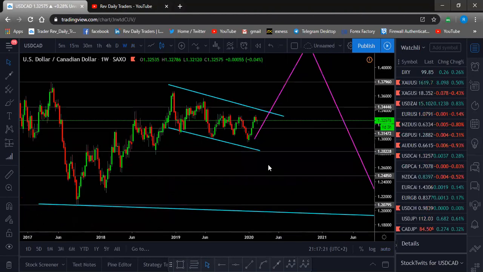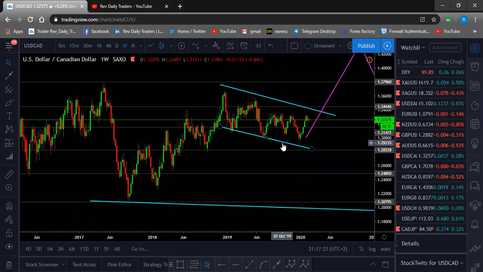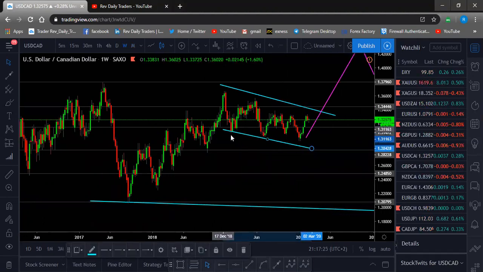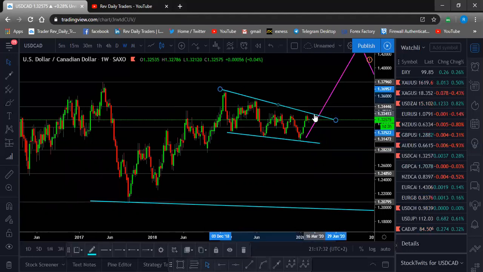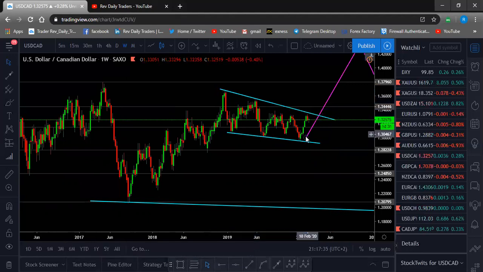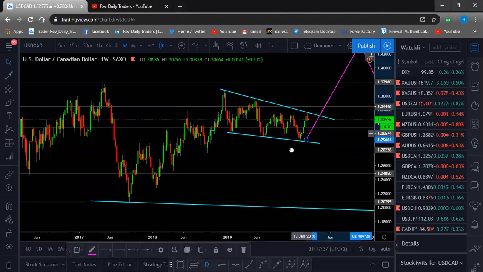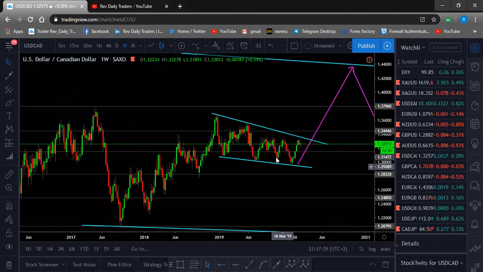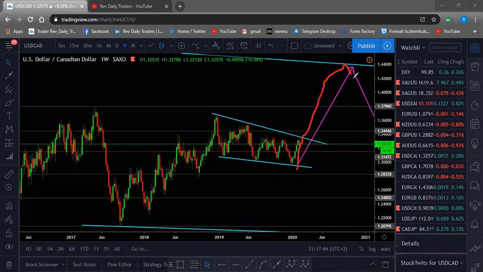on weekly, okay, for this uptrend that we see on monthly. Then we move our trend lines as well, okay. Remember, on monthly we are looking for our up move, okay.